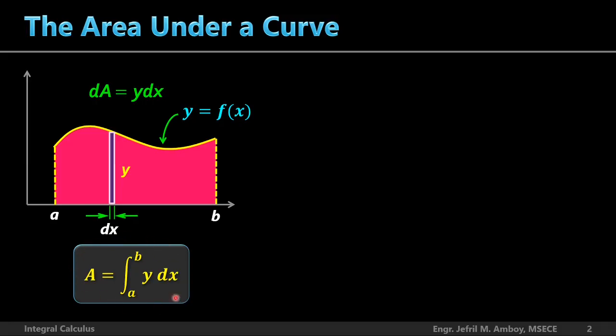So now this is the formula for finding the area under a curve. It's just the integral of the given function times dx, evaluated from a to b. A and b are the boundaries that would serve as the edges of the area. Okay? I think that's very simple. It's just the integral of y dx.